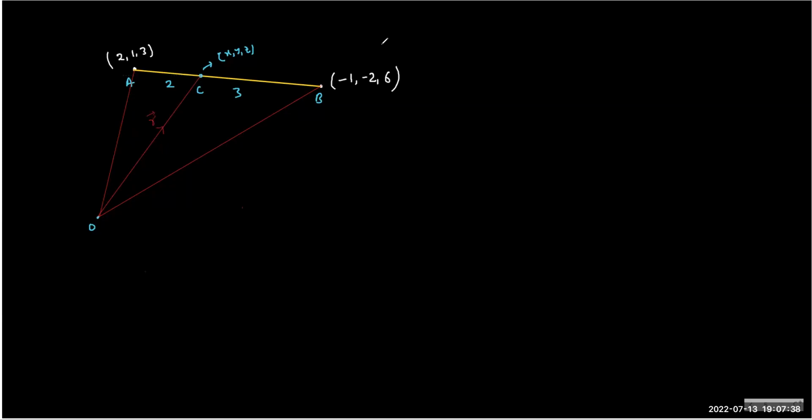I'm looking for this vector R. So can we write R equals twice of OB vector plus thrice of OA vector upon 5? If you have doubt, tell me. Is it the right way of writing? Yes or no, guys? Tell me.